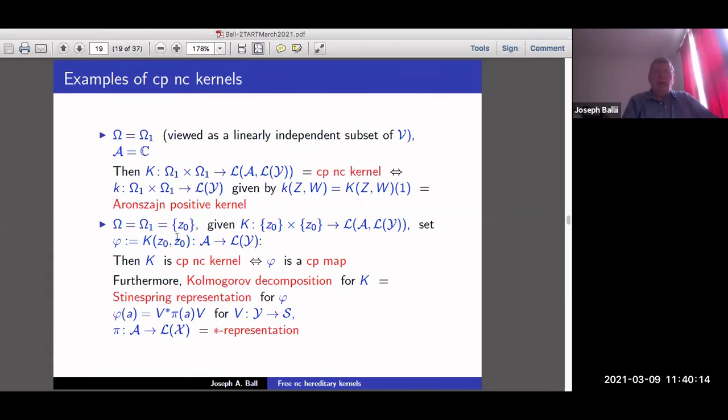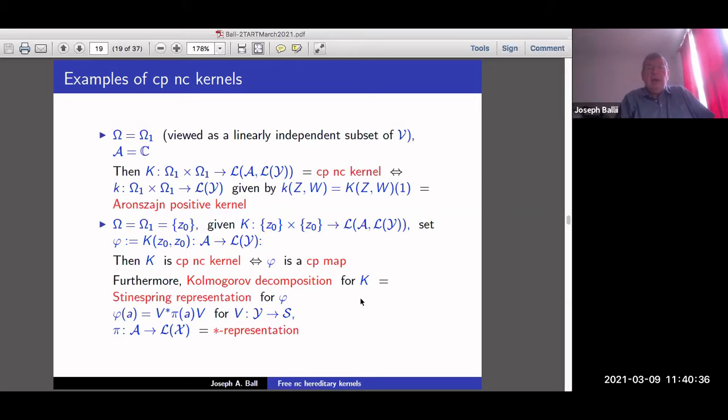That's the only place you can evaluate it. You get a map from A to L(Y). Then the original K is a completely positive noncommutative kernel if and only if phi is a completely positive map, which I didn't plan to define. I think most people know completely positive maps.